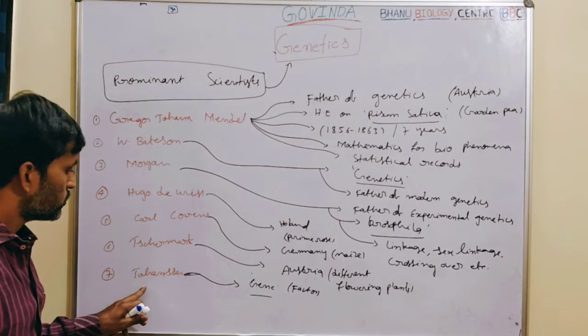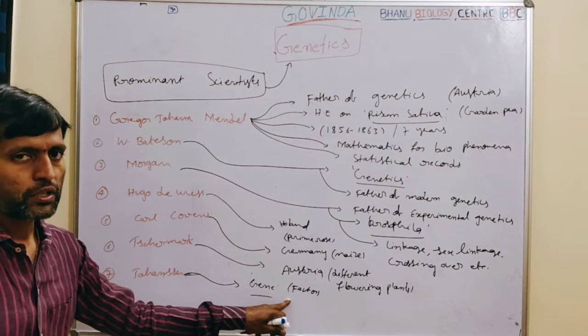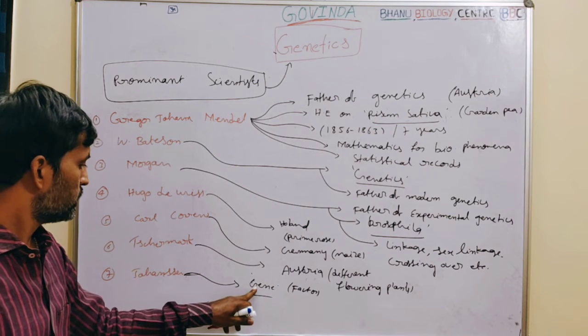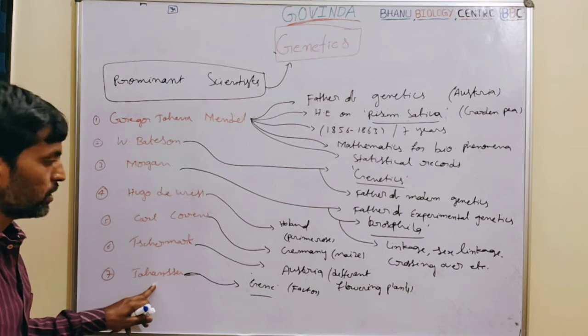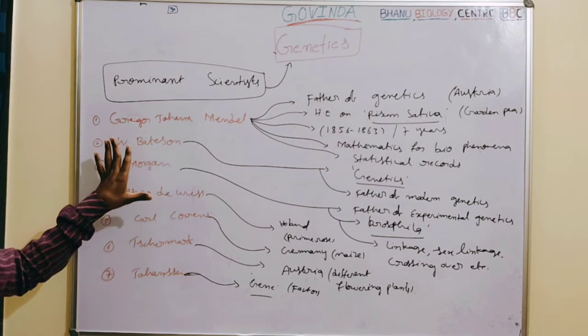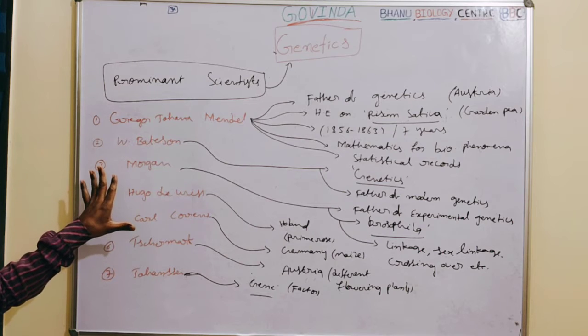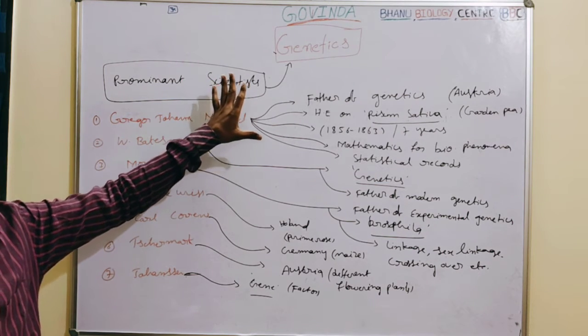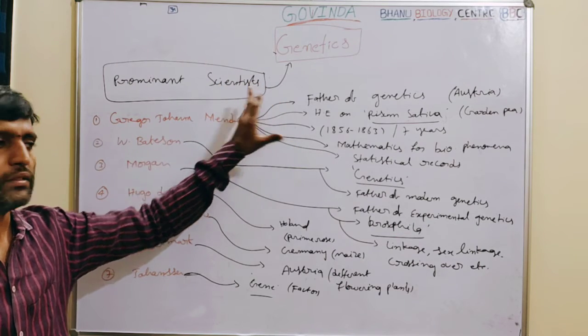But later on, Johannsen changed the name and used the term gene. The name was given by Johannsen. So these are a few prominent personalities who did so much work for the development of the field of genetics.